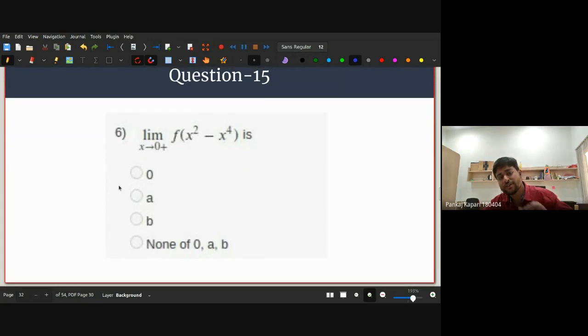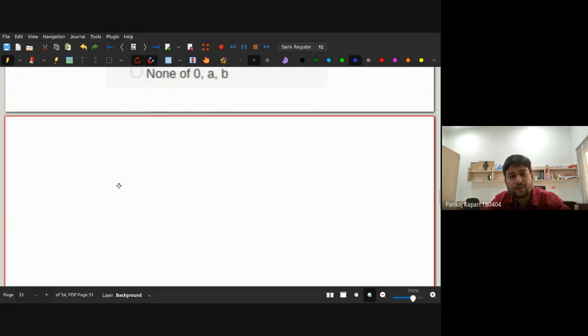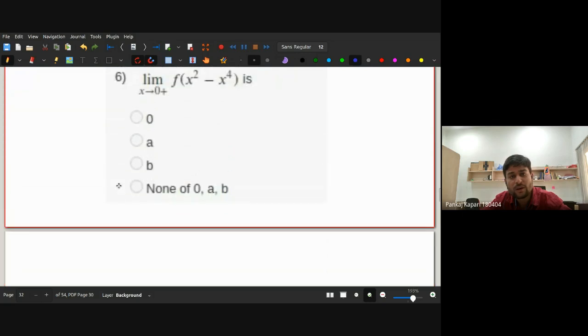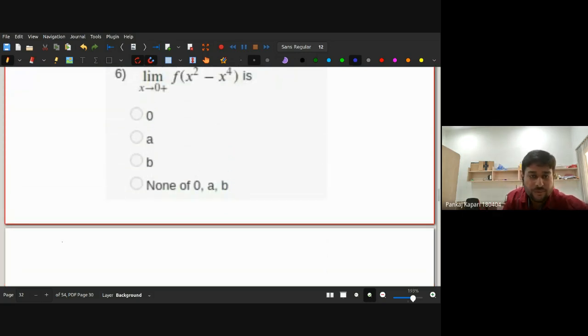Now we have another similar problem. Instead of x cube minus x, you have x square minus x to the power 4. So what will happen now? Okay, so x is approaching from the right hand side.